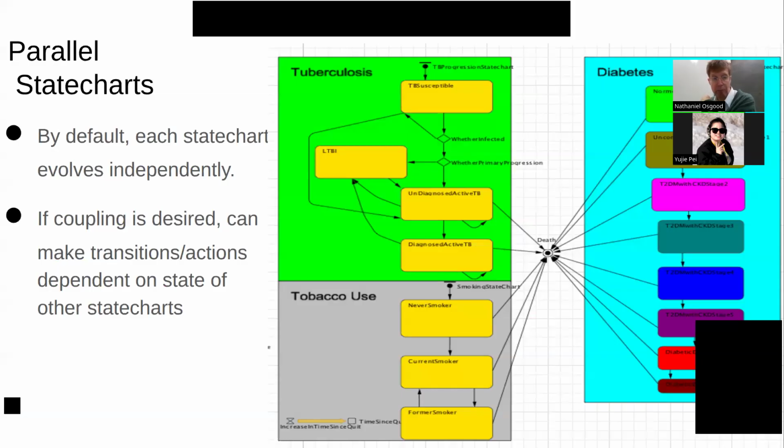And by default, each of these state charts evolves independently. There may be some interactions. We can couple aspects of them through messages by having one set a variable that is used as a rate for another, for example. Setting values that are used in conditions for another.